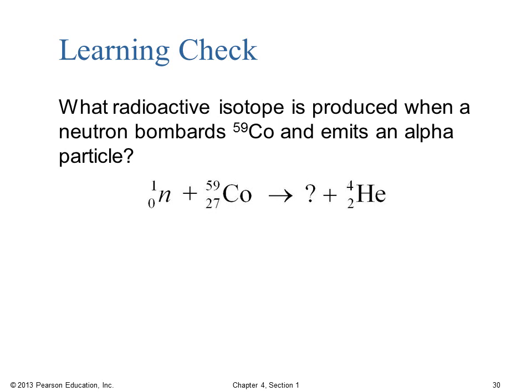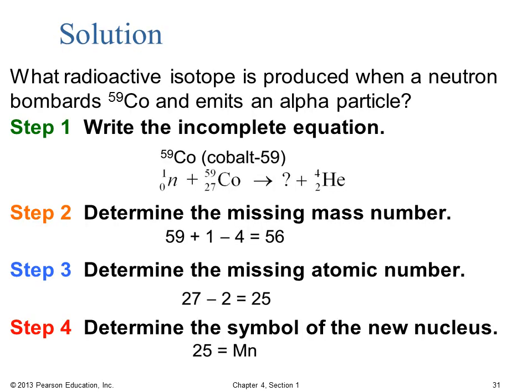Then we look on a periodic table and ask what has an atomic number of 25? We would find manganese, Mn, with 25 as our atomic number written on the bottom, and 56, our mass number, written on top. That's what's done here, showing you the different steps.